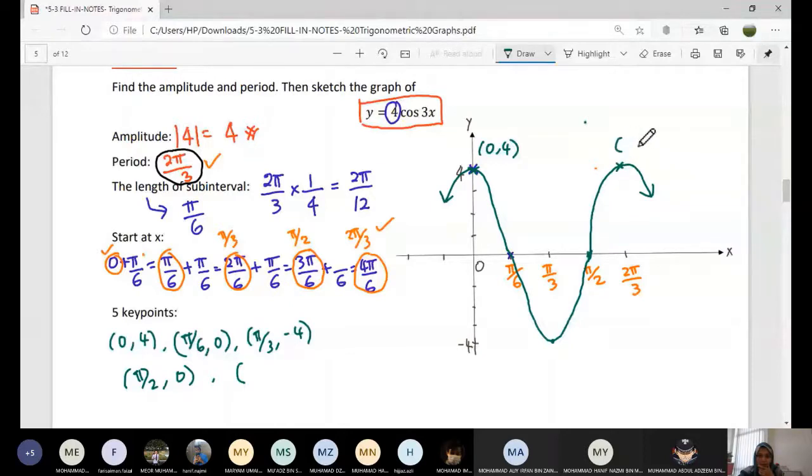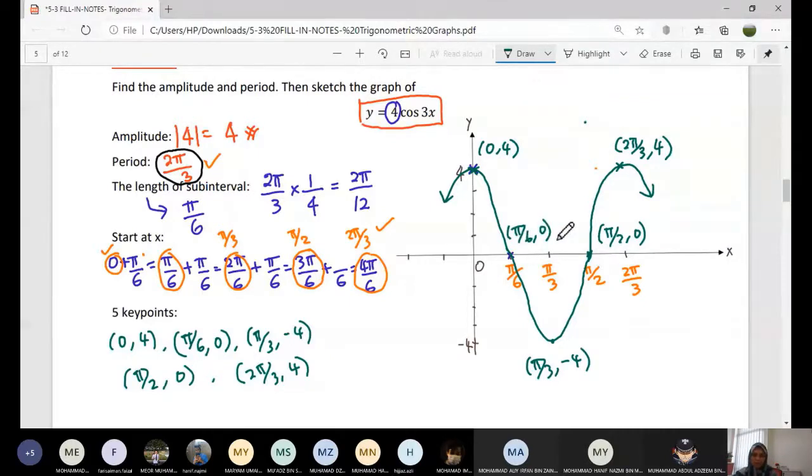It can proceed, and then label the 5 key points. Here we have pi over 3, negative 4, pi over 2, pi over 6, 0. Okay, Alhamdulillah.